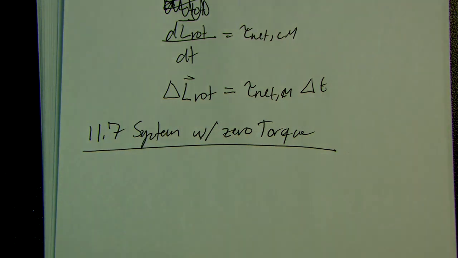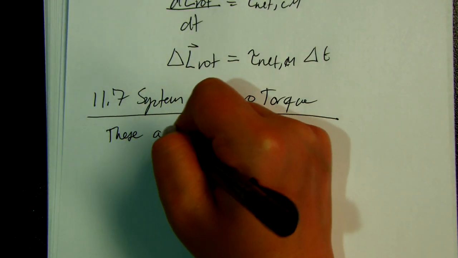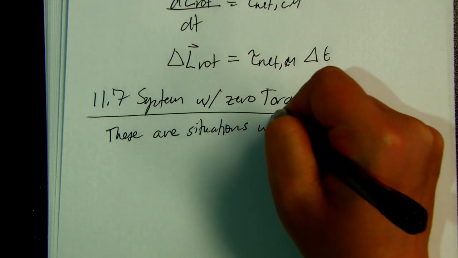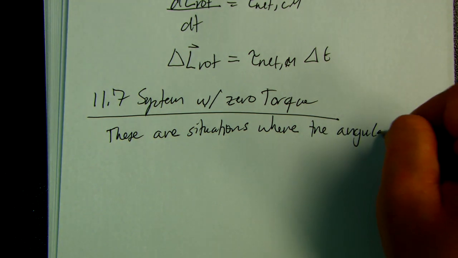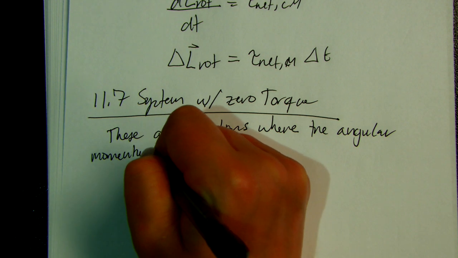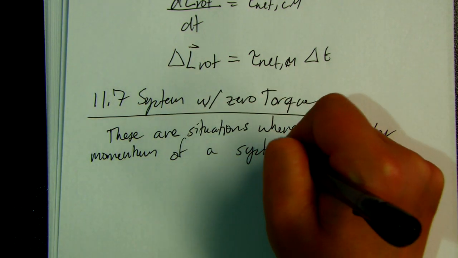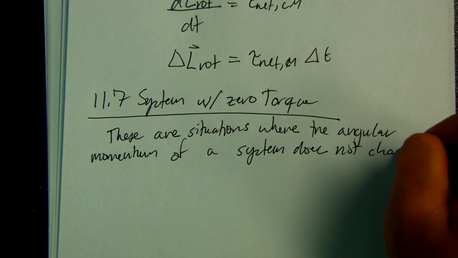So these are situations where the angular momentum of a system does not change.